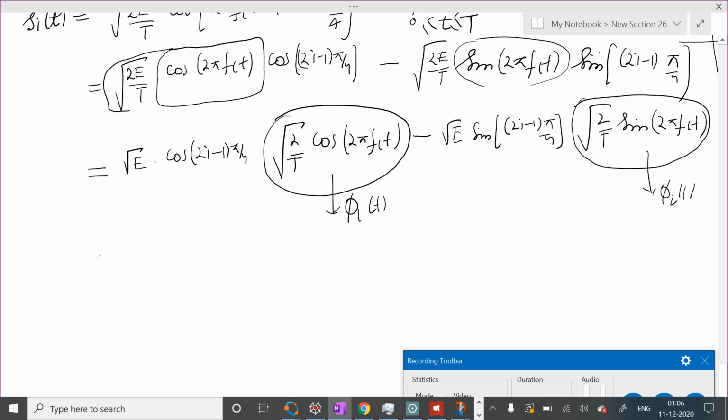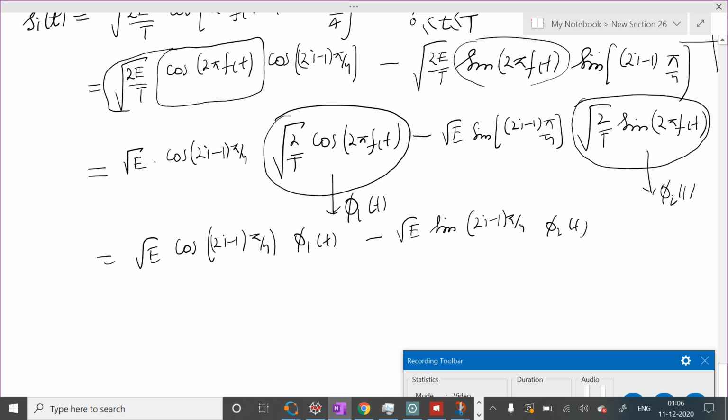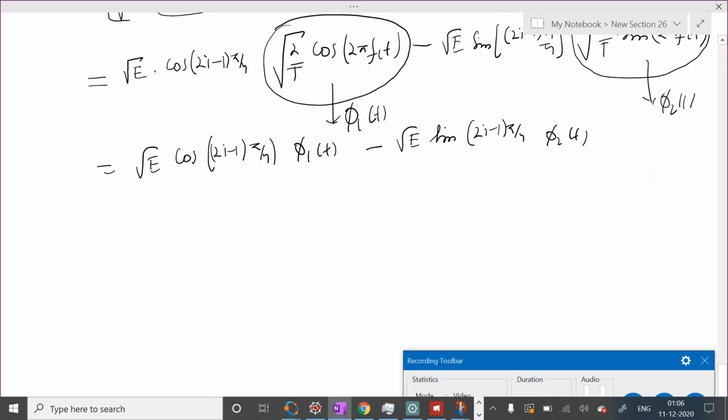So we can write it as root E cos of (2i minus 1) pi by 4 phi 1 of t, minus root E sine of (2i minus 1) pi by 4 phi 2 of t. These are the carriers. They are also called quadrature carriers because they have a pi by 2 phase difference.